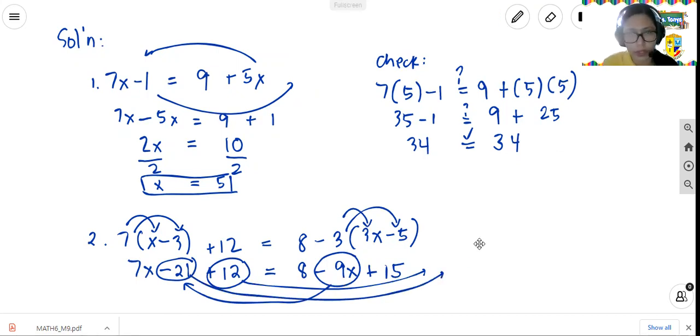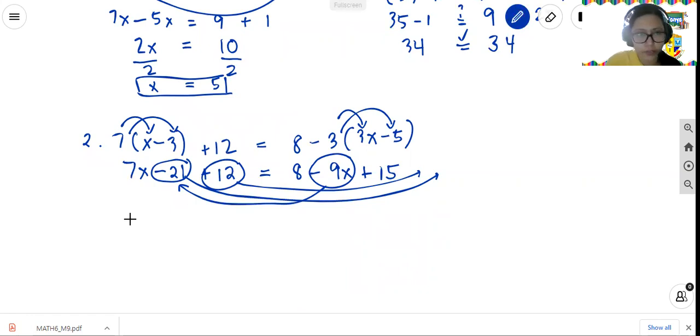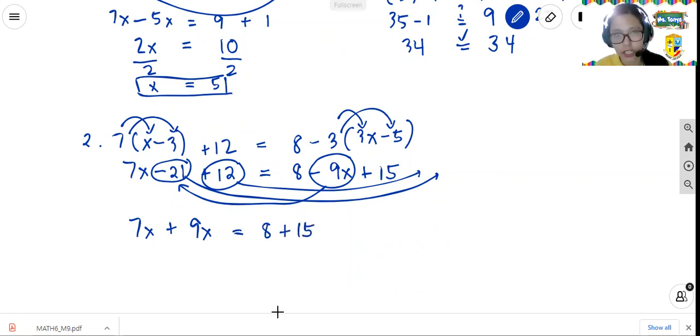Okay. So we will have 7x plus 9x. We have to change the sign. 8 and 15, they will not move, so no sign change. And then negative 21 becomes plus 21, positive 12 becomes minus 12. So 7x plus 9x is 16x.